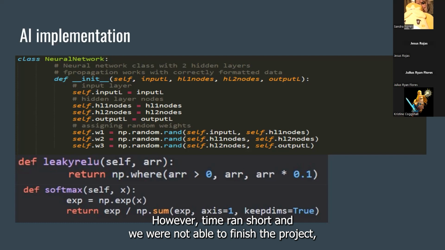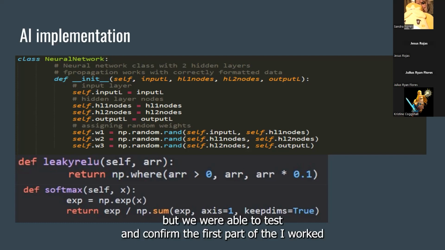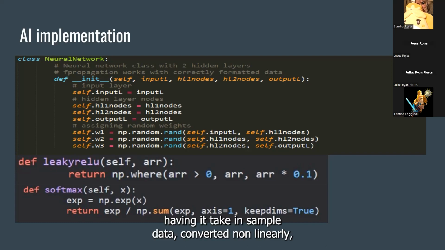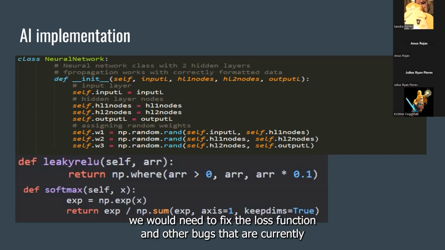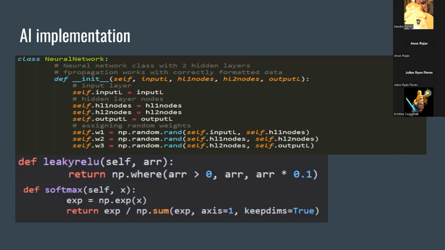However, time ran short, and we were not able to finish the AI project. But we were able to test and confirm the first part of the AI worked. Having it take in sample data, convert it nonlinearly, then distribute it into a probability. For our future with the AI, we would need to fix the loss function and other bugs that are currently happening in the code.